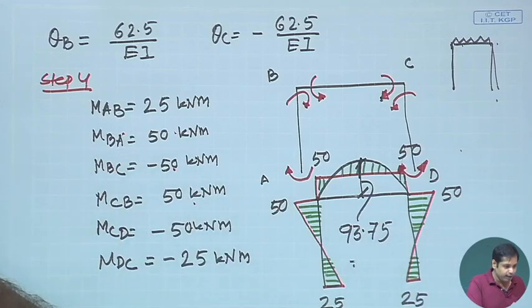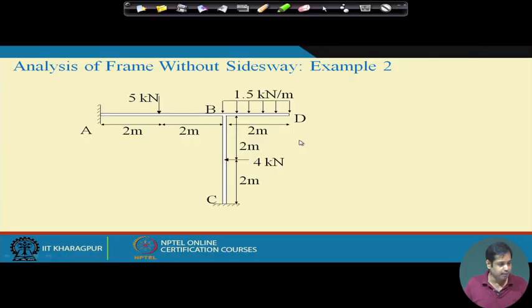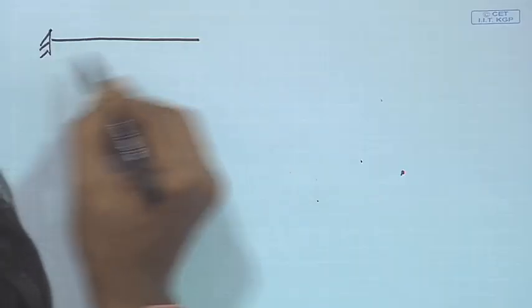So, let us see quickly the second example. The example is this, it has 3 members.